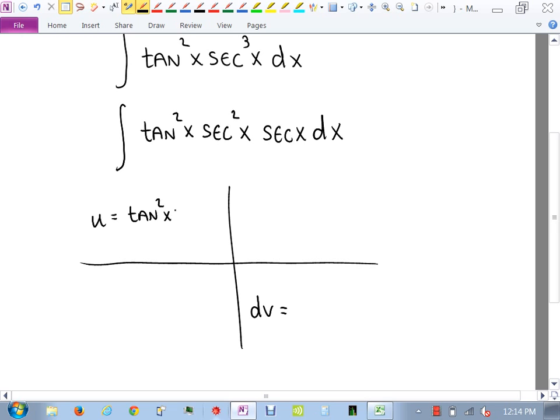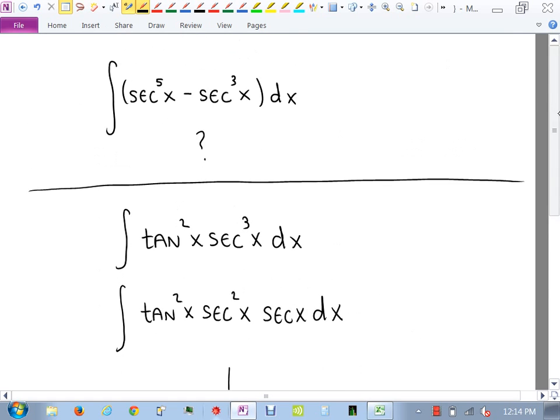Right here, tangent x, secant x? No? You want u to be secant x. Okay. Then dv would be tangent squared x secant squared x dx.